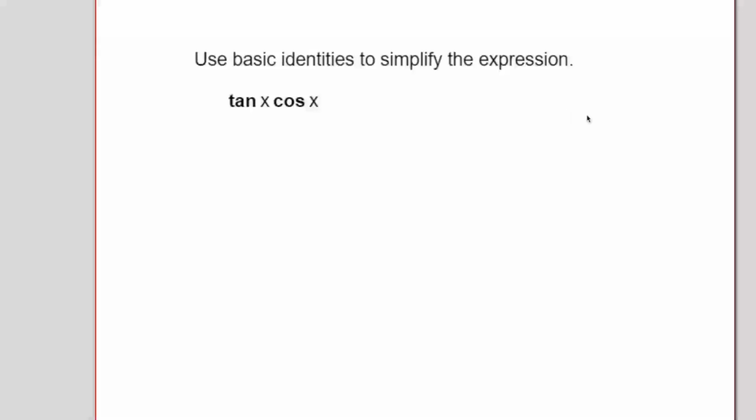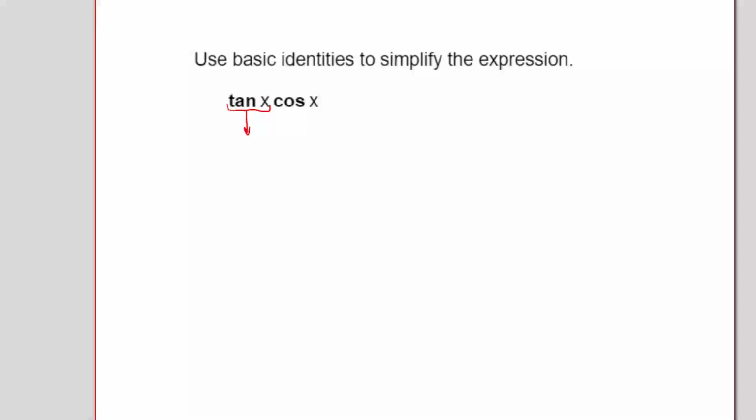Our next question asks us to use basic identities to simplify the expression. In order to do this, you have to remember some of the quotient rules and some of the identities. What we need here is to write tangent of x as a quotient of two functions, a function over a function.